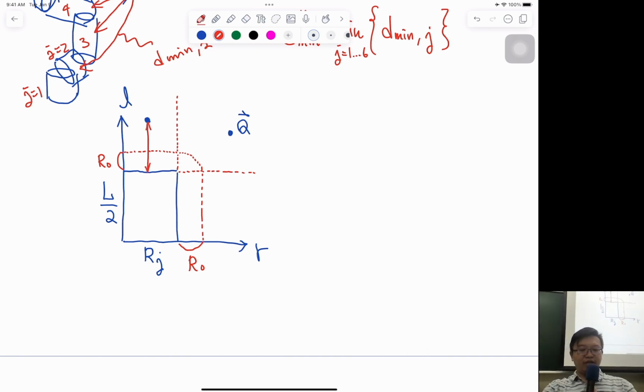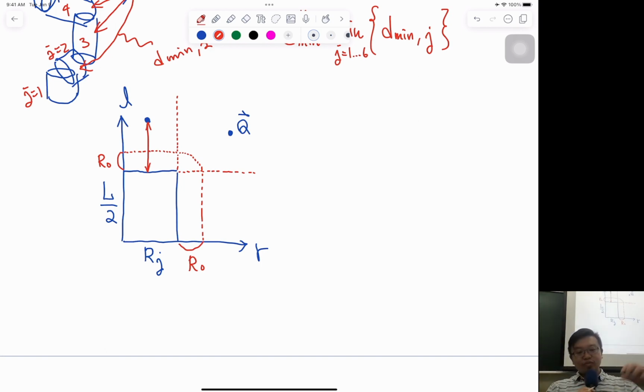And let's forget about the radius of the obstacle for now. Later on, you just need to be aware that the obstacle has a radius.